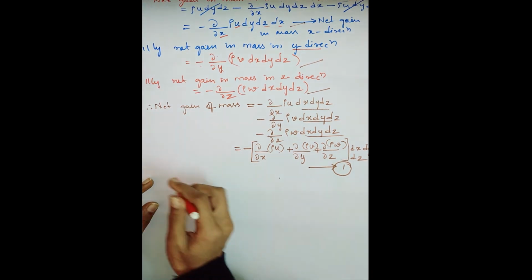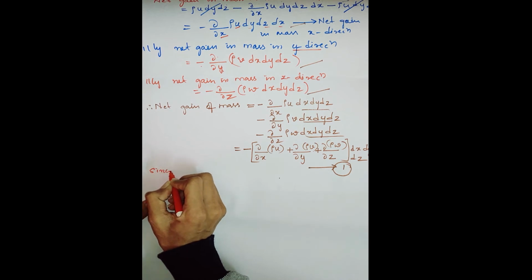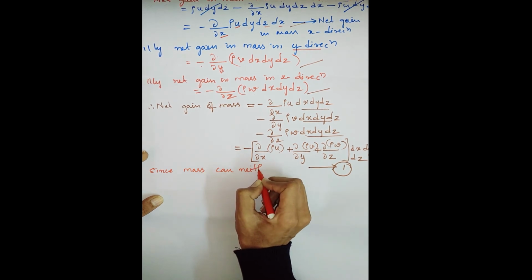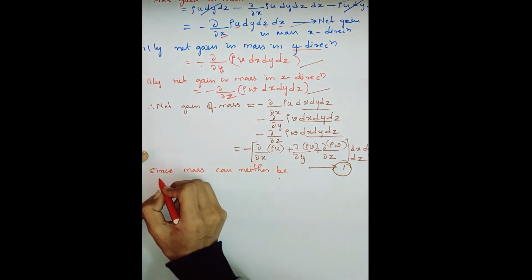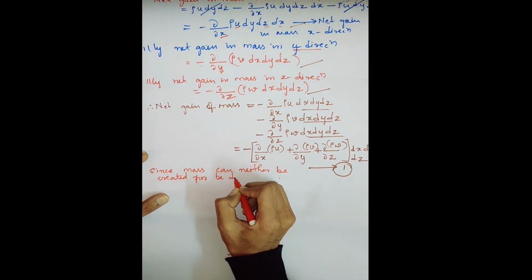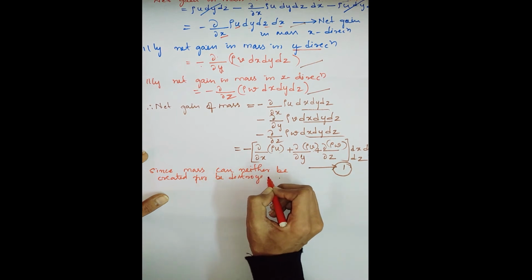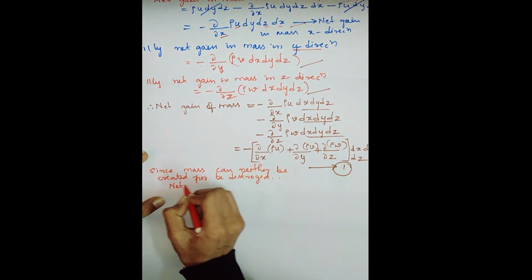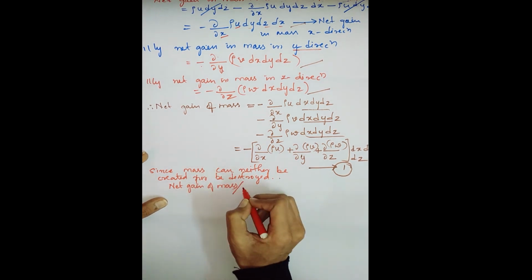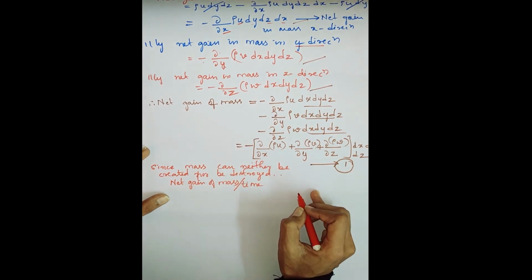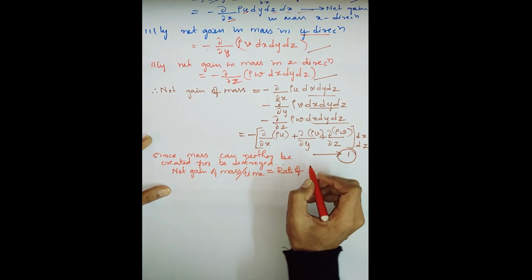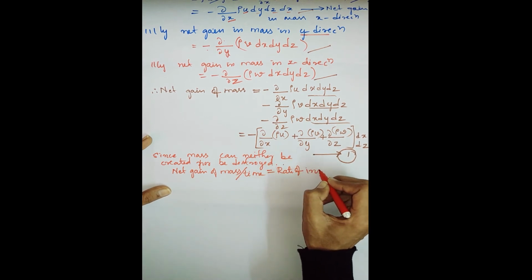See here, since mass can neither be created nor be destroyed, the net gain of masses per time is equal to the rate of increase of masses.